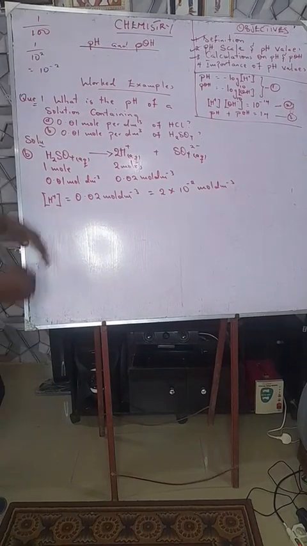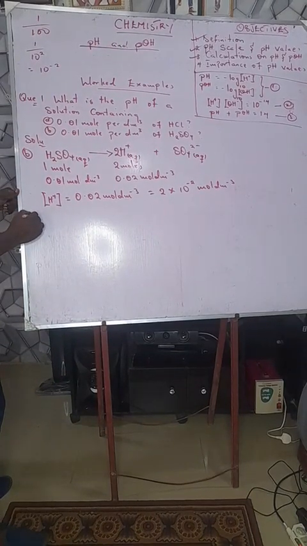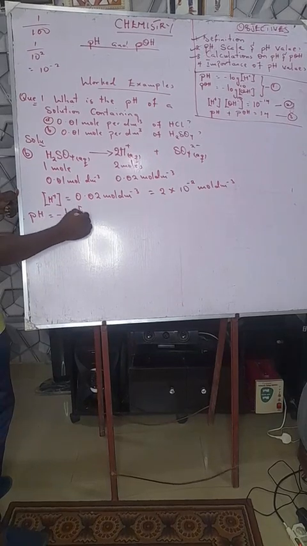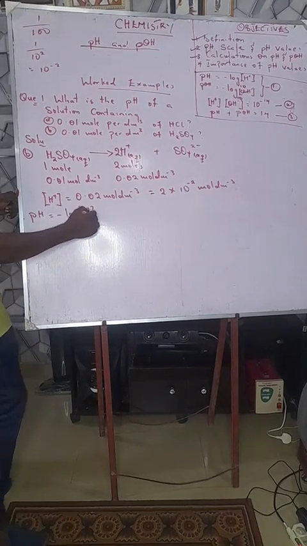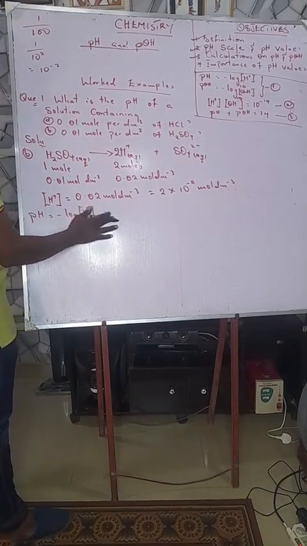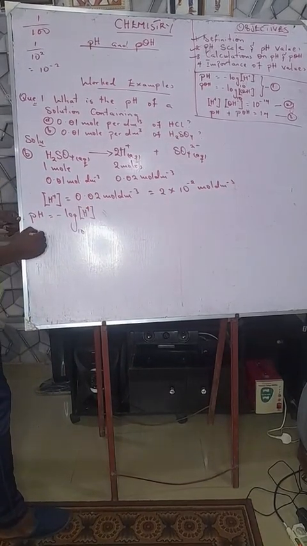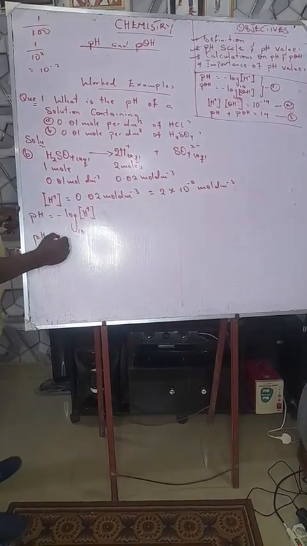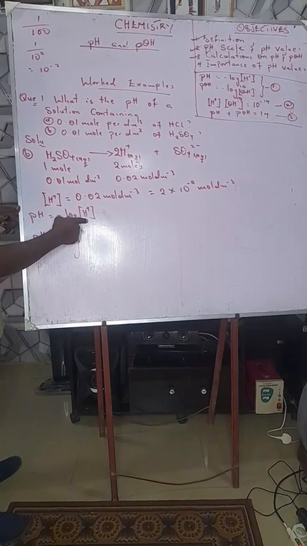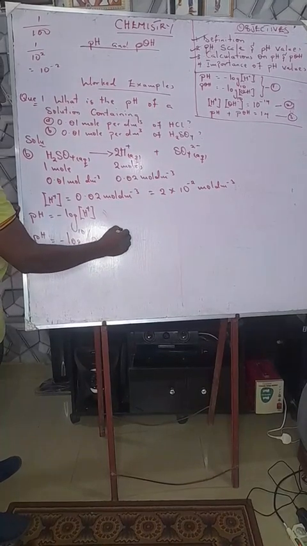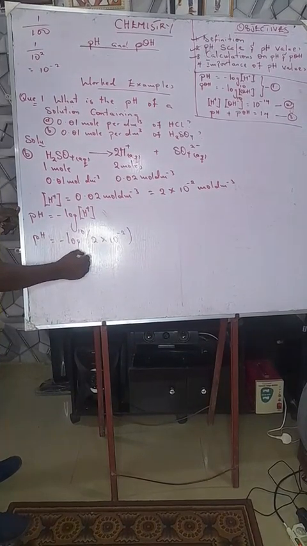Now I can use my formula. My formula says pH equals negative logarithm of hydrogen ion concentration to base 10. So my pH now equals, I'm going to put this value inside there: negative logarithm of 2 times 10 raised to power of minus 2 to base 10.